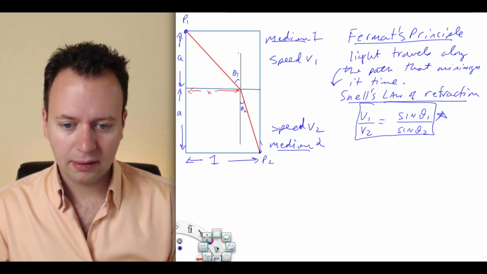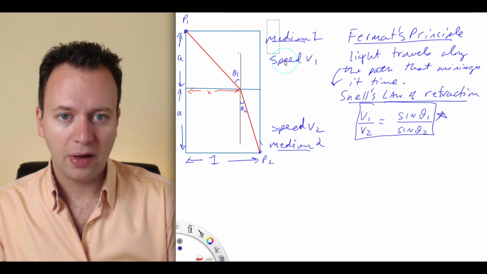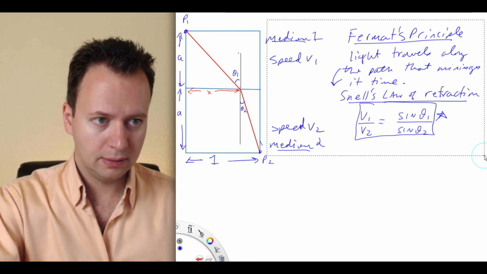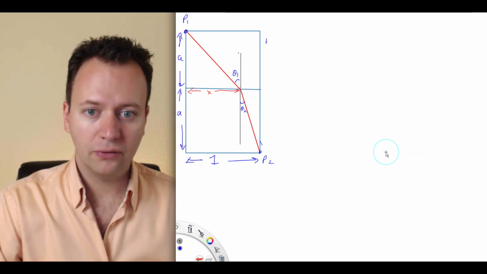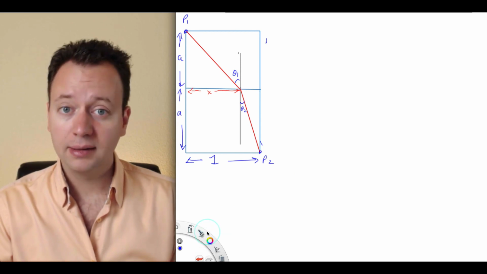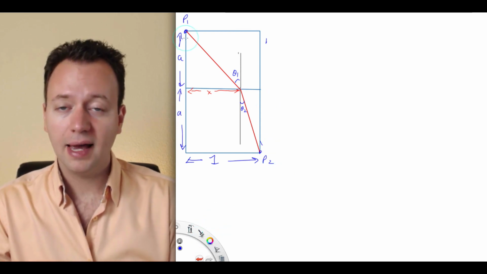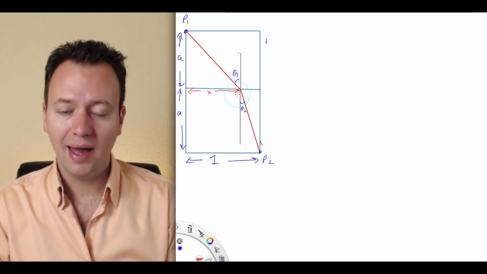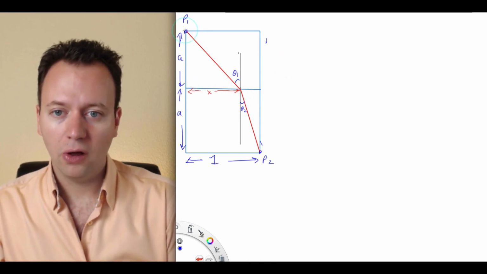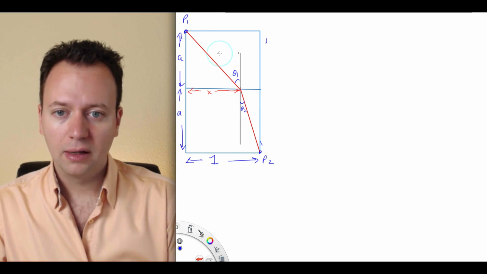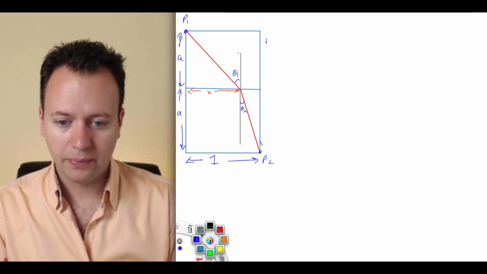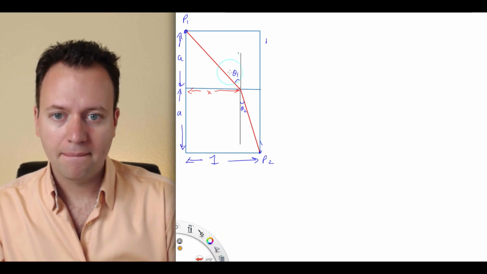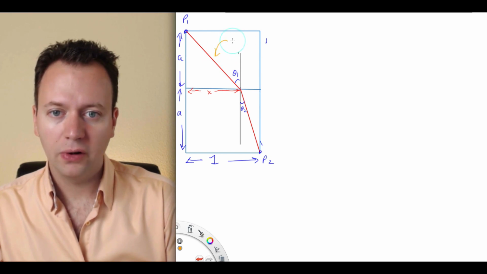Okay, so let's clear some space now that we kind of have our bearings. And first we have to formulate time. We have to figure out, well, how long does it take to travel from P1 to P2, assuming that we have a value of x. So first of all, we need this distance. Well, this distance right here is going to be the square root of a squared plus x squared, right?